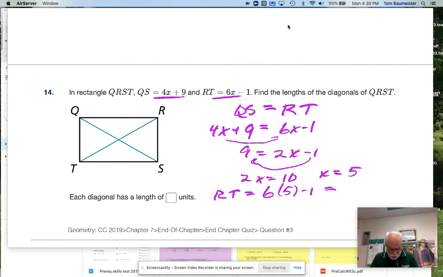Well, 6 times 5 is 30. Minus 1 is 29. And I'll just show you that QS is also the same, because I will have 4 times 5 plus 9. 4 times 5 is 20. 20 plus 9 is 29. So notice either one of them, I got 29 units.